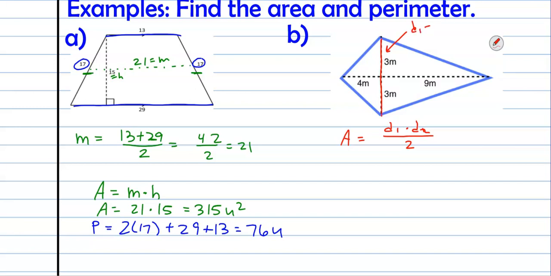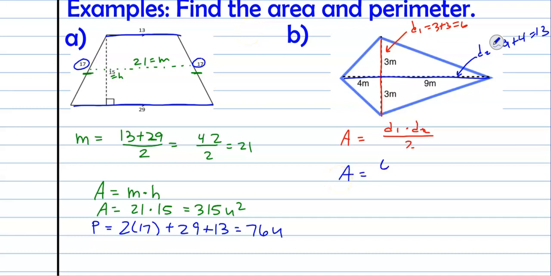So diagonal 1 is 3 plus 3, which is 6. And diagonal 2 is this whole distance, which is 9 plus 4, which is 13.